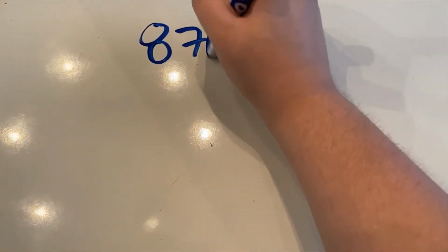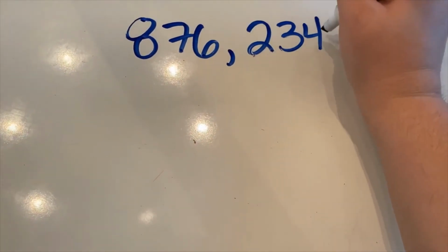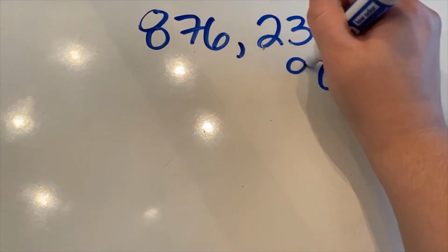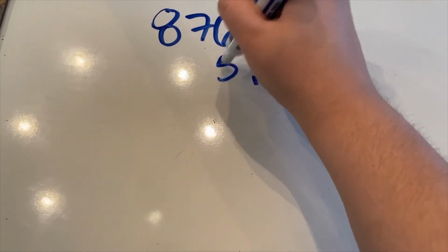All right, I'm switching over. All right, so the first problem I'm gonna do is 876,234, and then working backwards to make sure I line up my ones places.